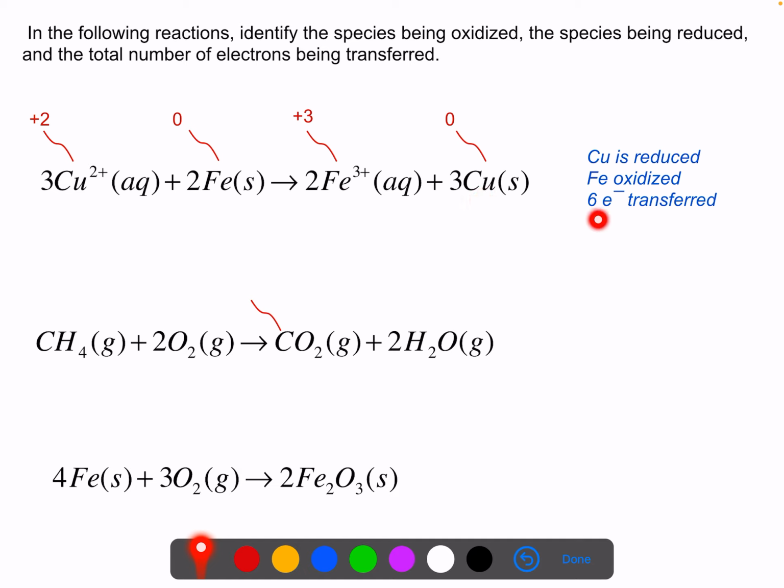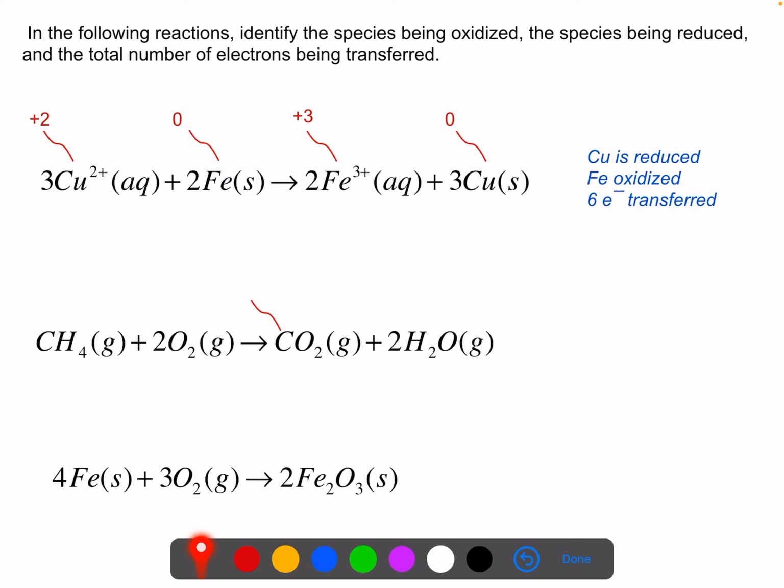So we have a total of 6 electrons being transferred. Each copper is gaining 2 electrons, but there are 3 coppers taking place.